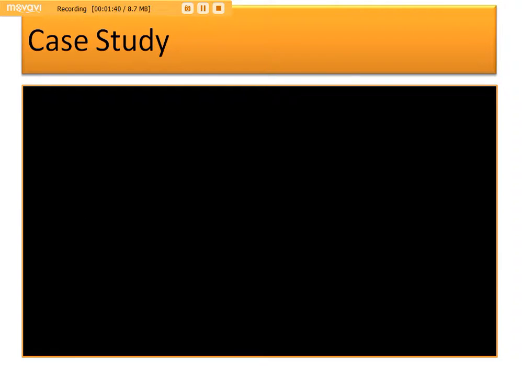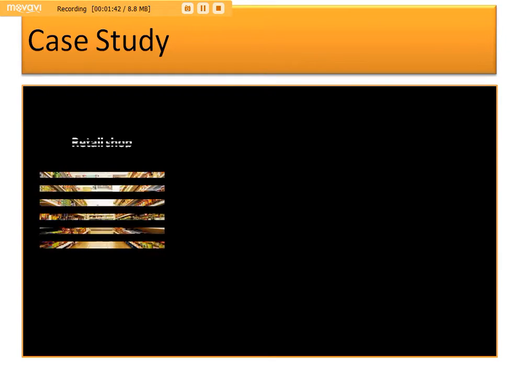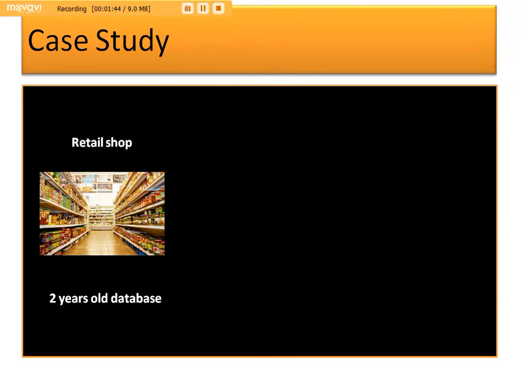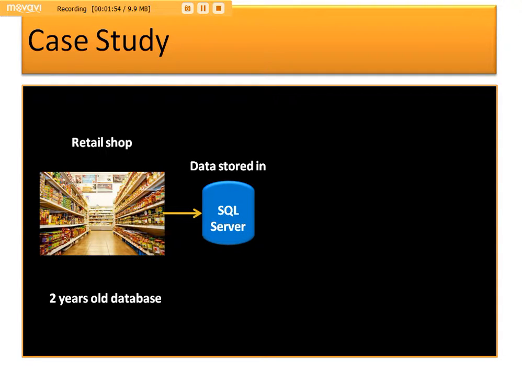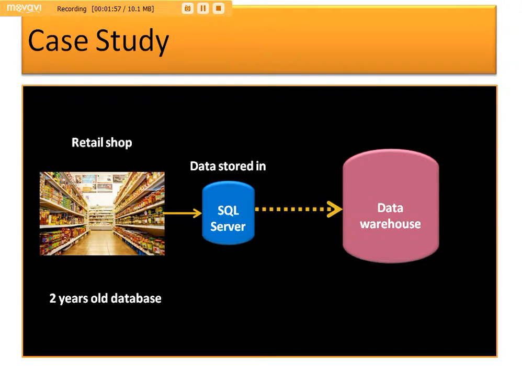Let's take an example for a case study. A retail shop has been running for the past 2 years, but they don't have any schema or data warehouse database. Now they want to create a new data warehouse database.